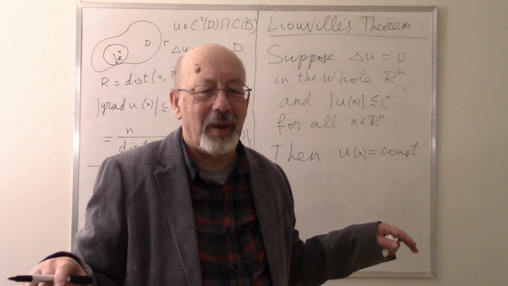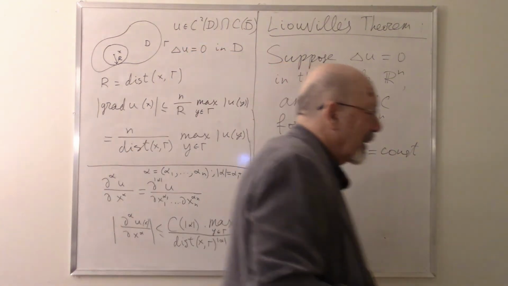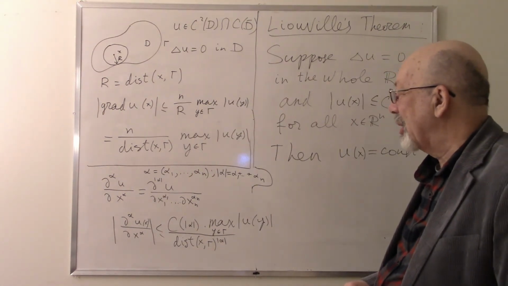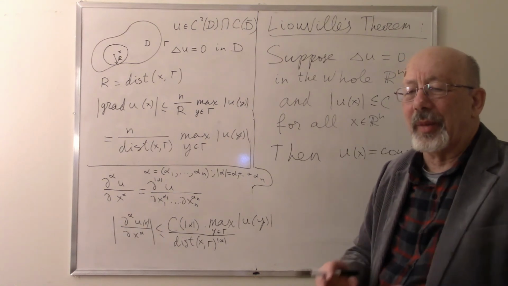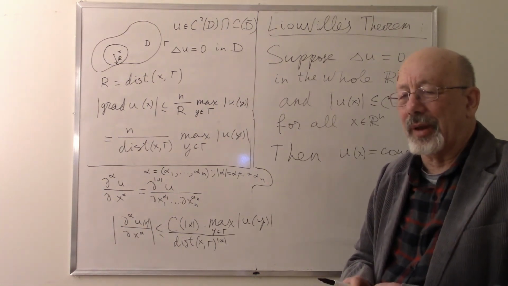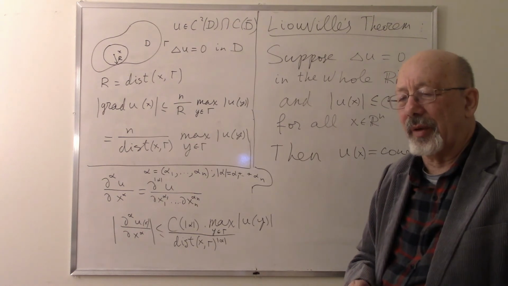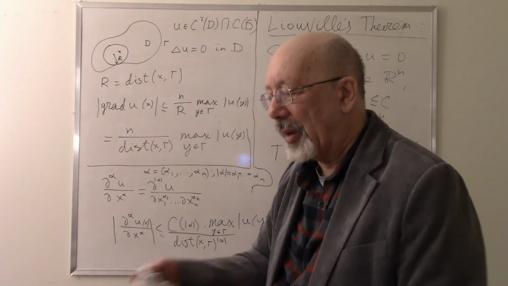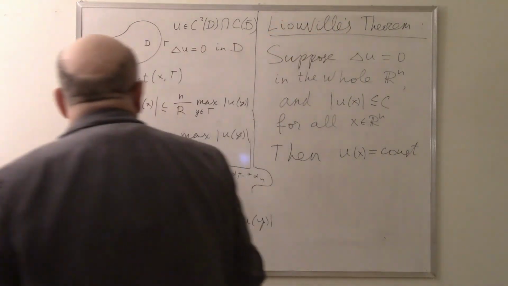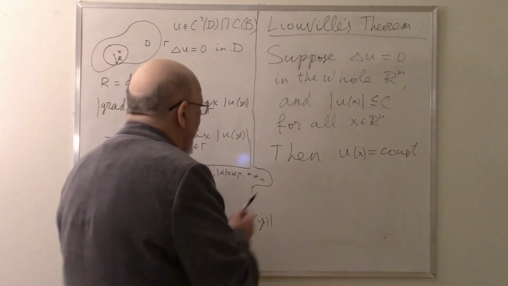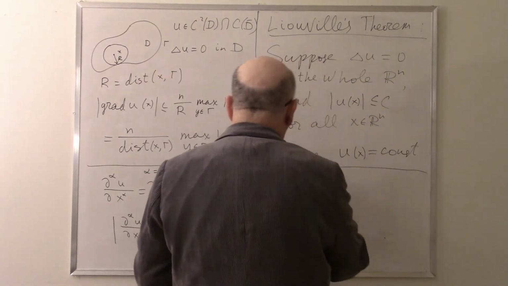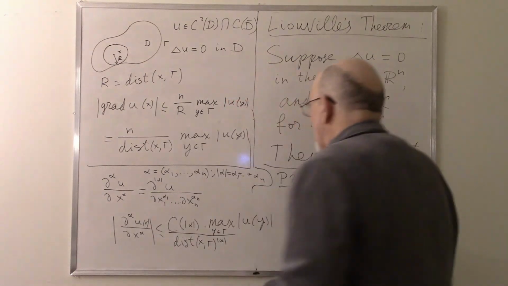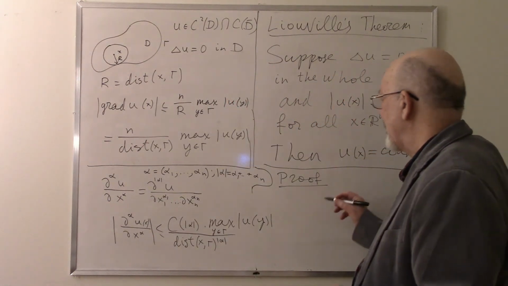Again, very probably you have learned a similar theorem in complex analysis, that any everywhere bounded analytic function is constant. They are similar and proved similarly. Now the proof will be here. Let's take any point x.